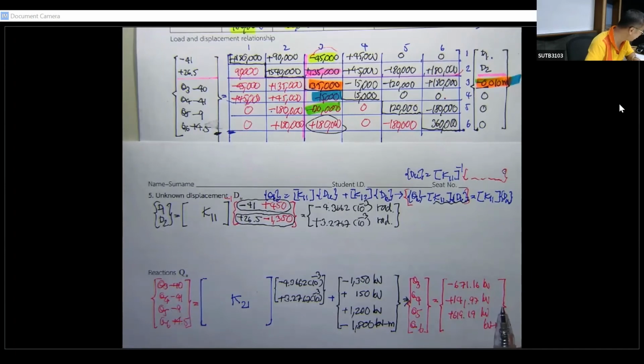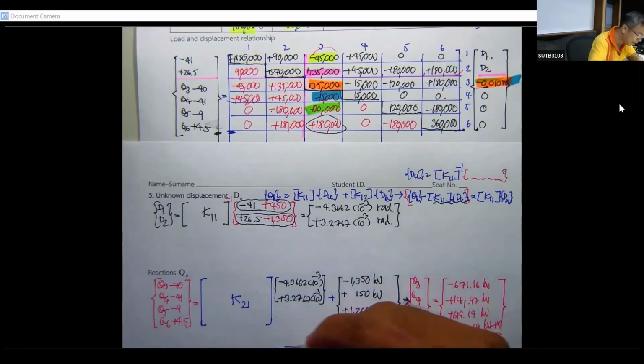I get 1,200 minus 14.69, and you got to check for the equilibrium of this one, 3 and 1.5.